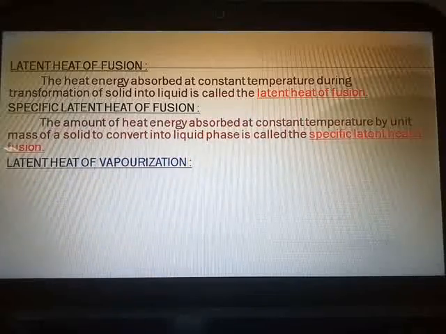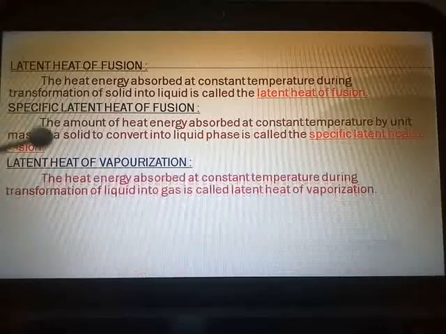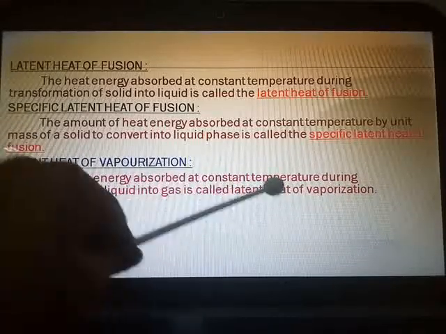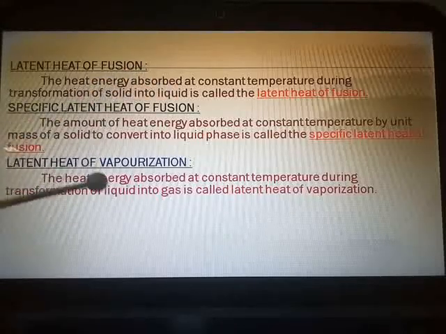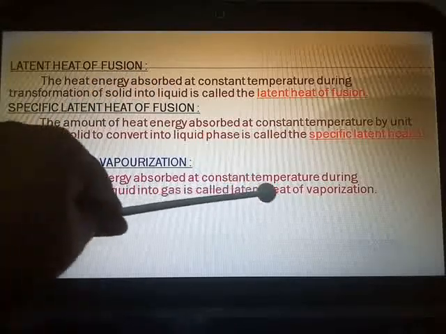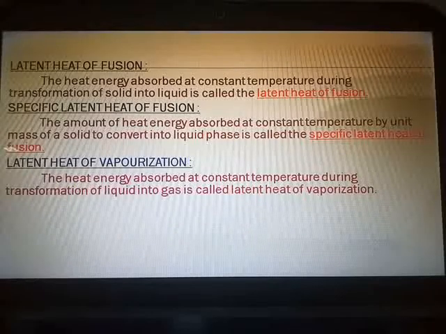From this we are going to move towards the next definition, that is latent heat of vaporization. Now liquid is getting converted into vapor. The heat energy absorbed at a constant temperature during transformation of, here it was solid to liquid, here it is liquid into gas, is called latent heat of vaporization.